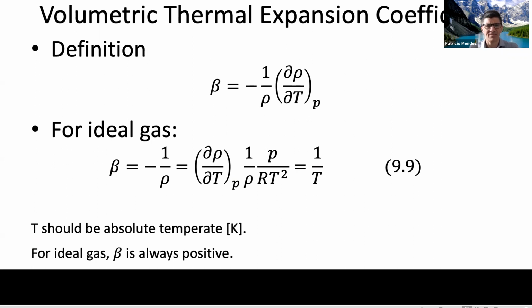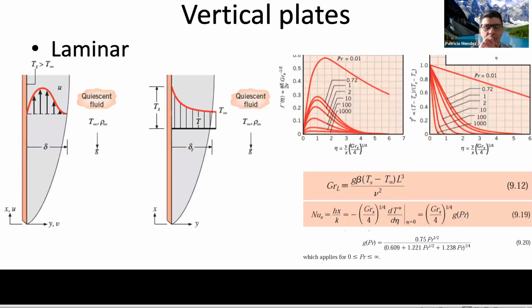So these are the very basics. Let's start moving up the chain of interesting problems. The first thing we're going to see is the case of vertical plates. Vertical plates are pretty much the same as what we saw when we studied boundary layers. We studied the flat plate, and gravity didn't matter then.